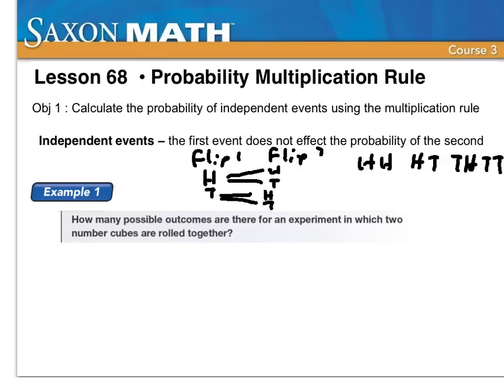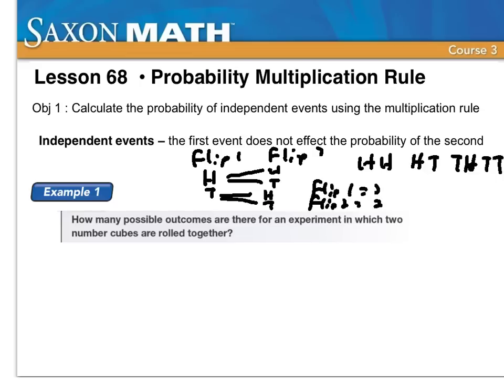When I have independent events, if I want to know how many outcomes there are, how many possible things can happen, well, if I look here, I've got 1, 2, 3, 4 things that can happen when I flip a coin twice. And the quick way to do that is figure out how many things can happen the first time I flip. So the first time I flipped, there are 2 possible things that can happen. And with flip 2, there are 2 possible things that can happen.